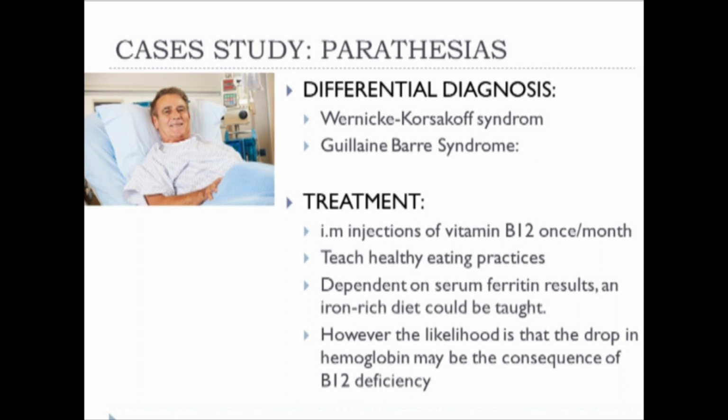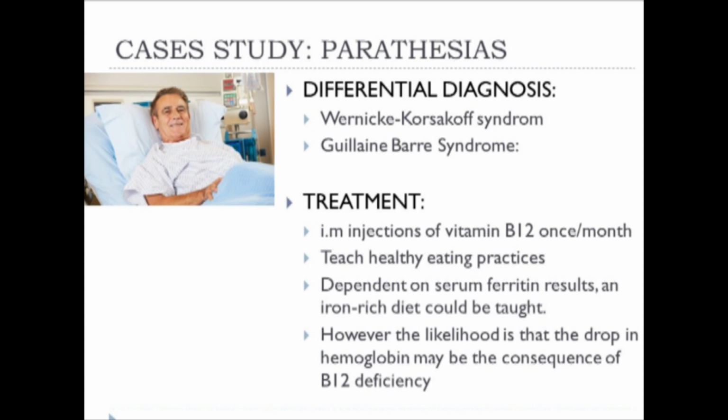Well, it would be quite appropriate to discuss what could be the possible causes of a B12 deficiency, and certainly a 75% resection of the ileum, which is the primary location of B12 absorption, could certainly be the cause. And so, consequently, because this patient would no longer be able to absorb B12, the B12 would have to be given as an intramuscular or IM injection about once a month.